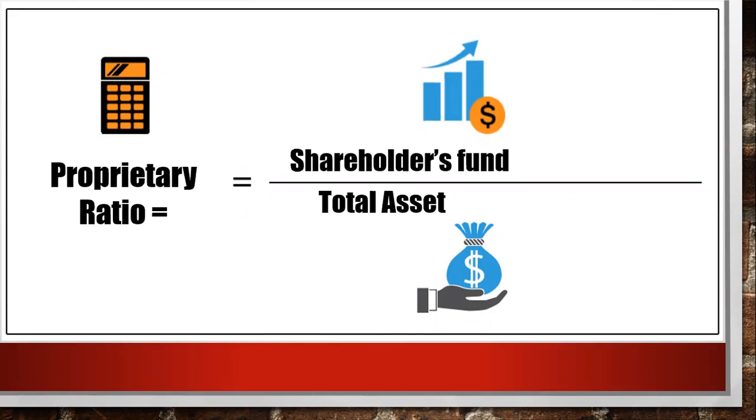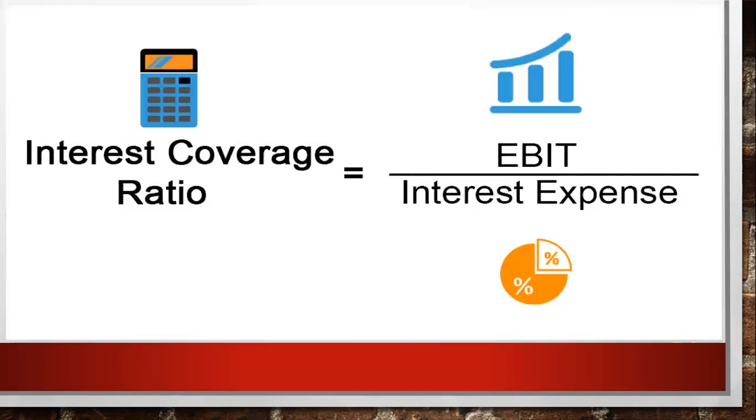So proprietary ratio is equal to owner's fund, that is shareholders' fund, that is owner contribution, upon total assets. Clear? This ratio will easily show how much of the total assets have been financed by the shareholders' fund. And the next ratio is interest coverage ratio.